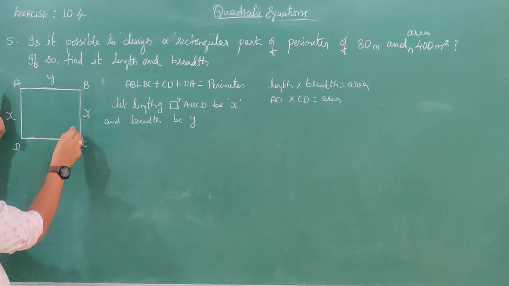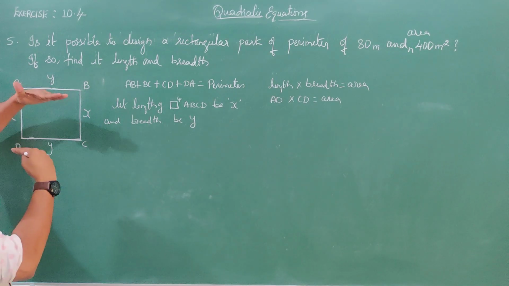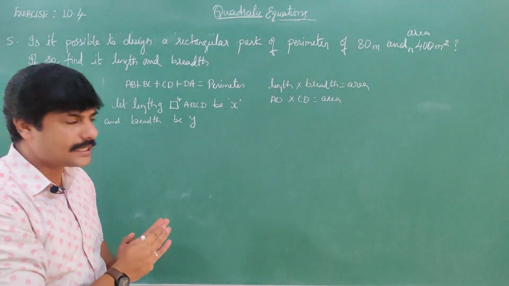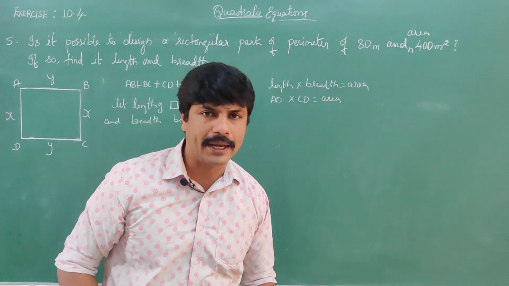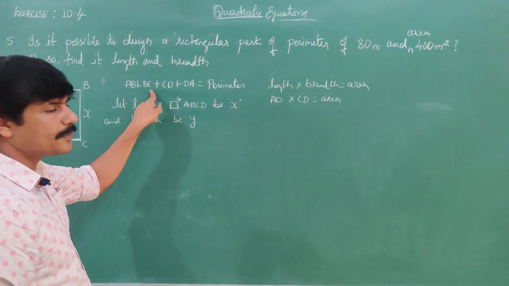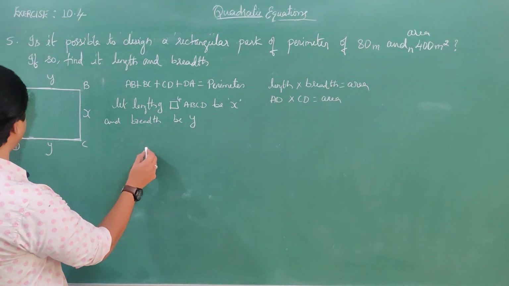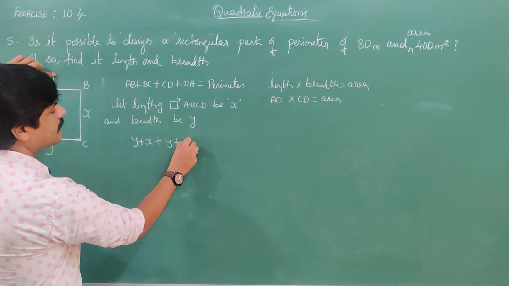This is also X, this is also Y. Opposite sides are equal in a rectangle. What is the perimeter now? Substitute here. Perimeter is Y plus X plus Y plus X, is equal to the perimeter given.